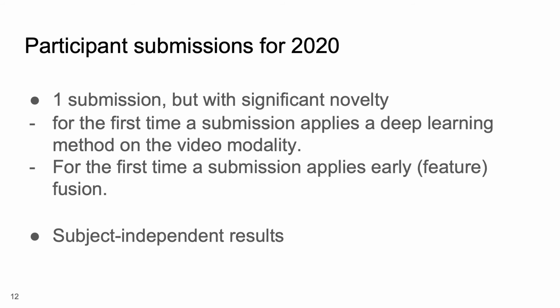And we only have subject-independent results from this submission, which has also been the trend over the 3 years, that the participants do not use the subject-specific set, which could be due to lack of space, because we're already asking quite a lot.